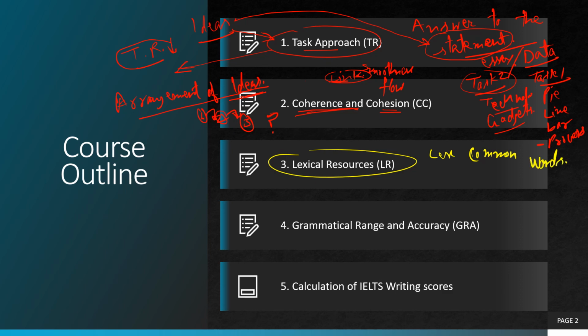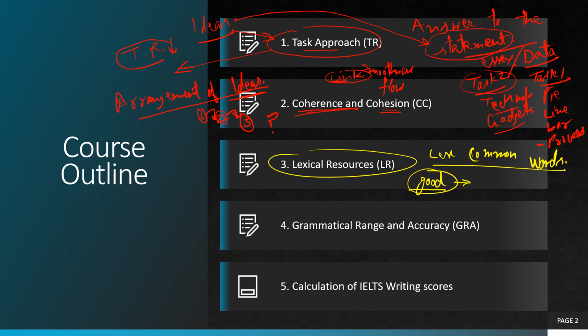Okay, so if you are going to use less common words, for example, mostly we are using this word "good," but it is quite common, so it is not going to make a difference, or it is not going to show that you are an advanced user of the English language. So in order to show your grip on English, you need to use a synonym of such words.